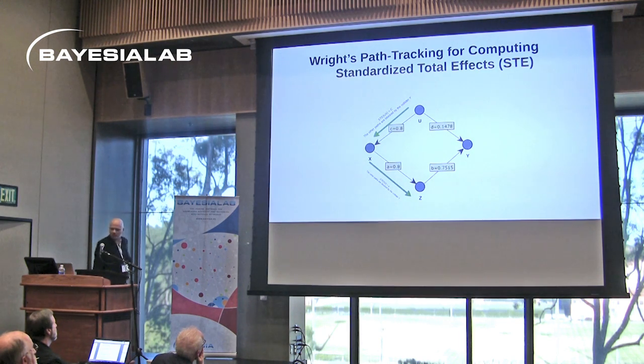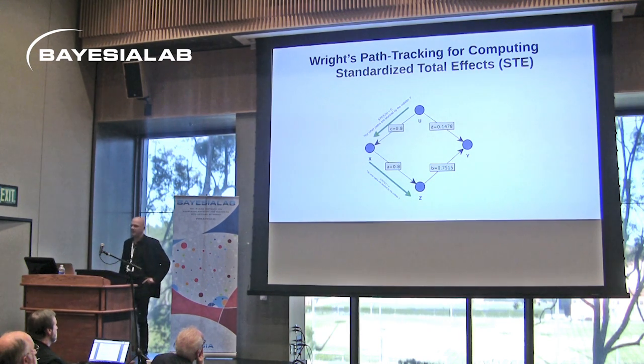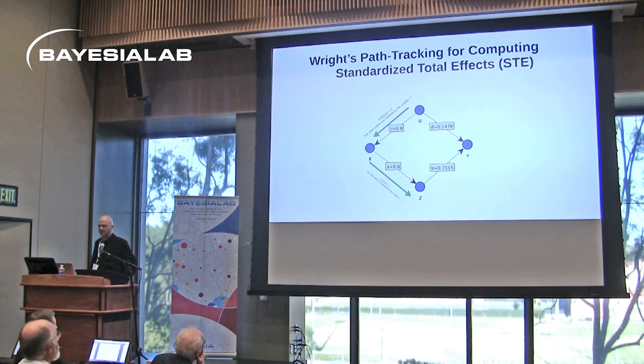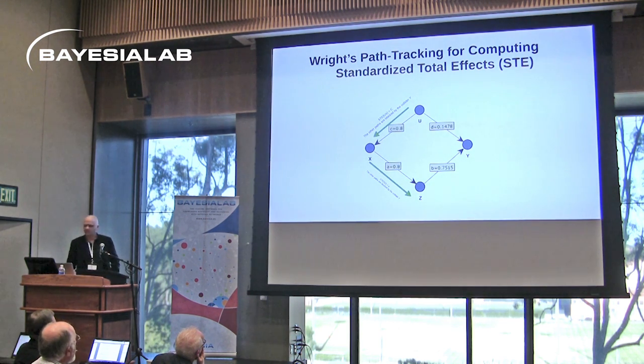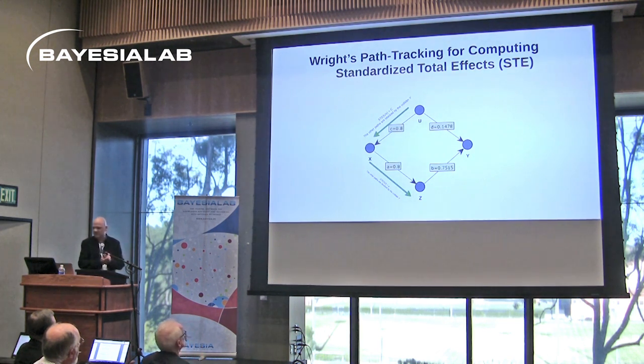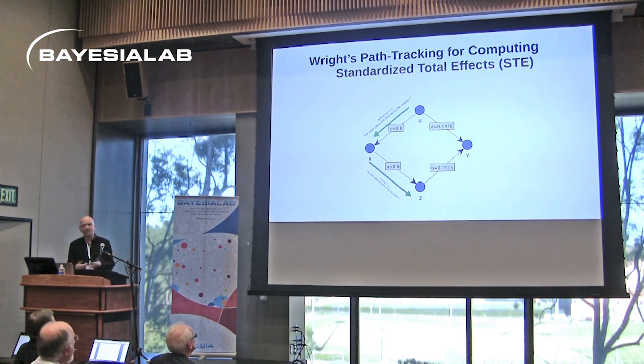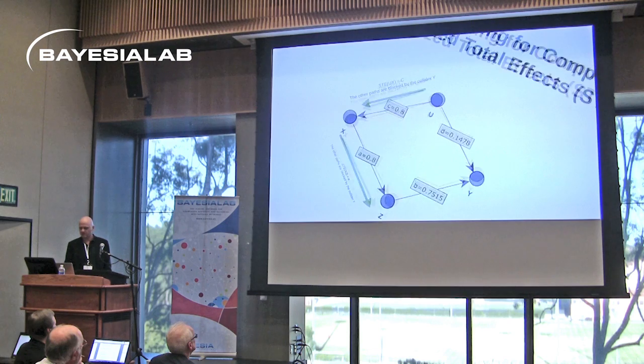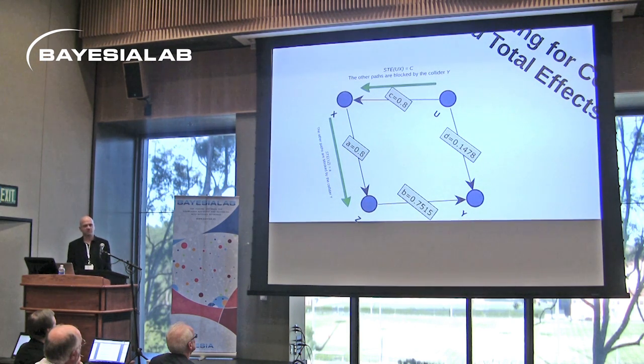So now we will just talk about this right path tracking for computing standardized total effect, and I think this is really nice stuff, this right work. So here we still have our network, u, x, z, and y, and we want to compute the total effect here, not only the direct effect, but the total effect. So here the total effect between u and x is given by just c. Right?